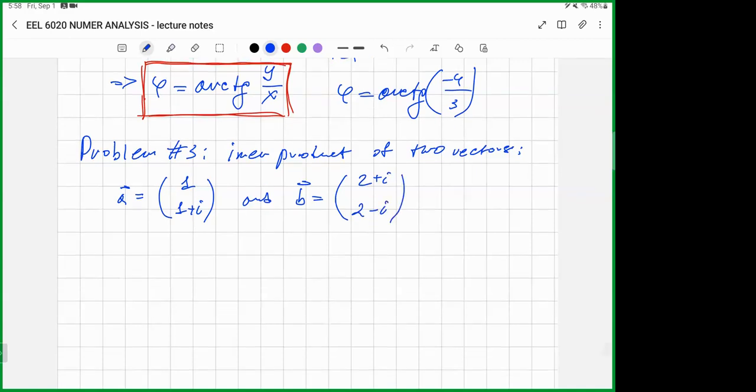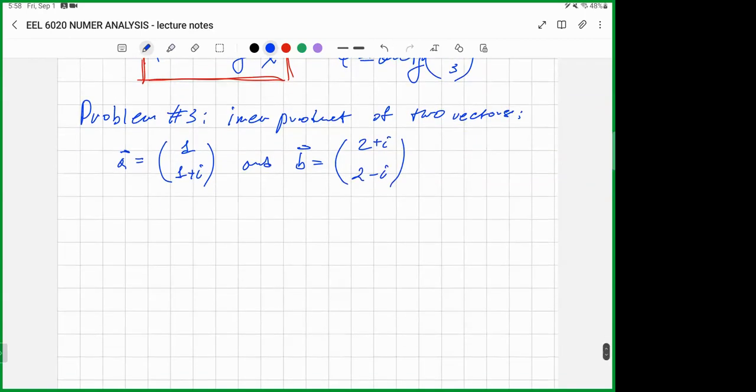Something like this. So how do we find the inner product? When we calculate the inner product, that's just the sum of the products of the corresponding components: x by x, y by y, z by z.